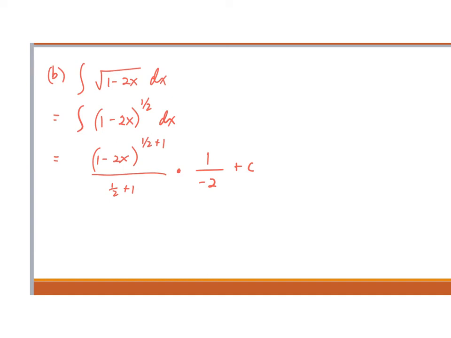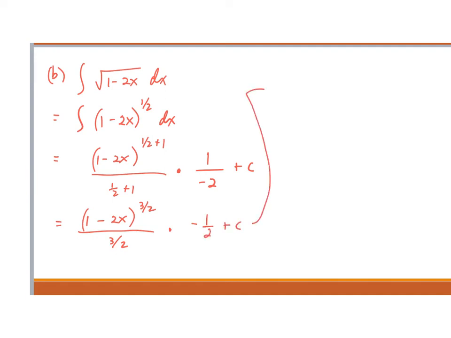So if we simplify this, we get 1 minus 2x power of 3 over 2 over 3 over 2 times negative 1/2 plus c.